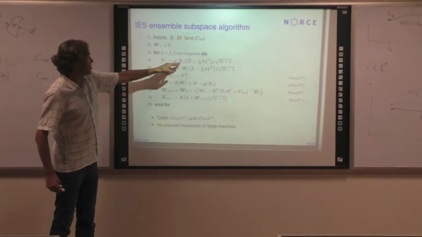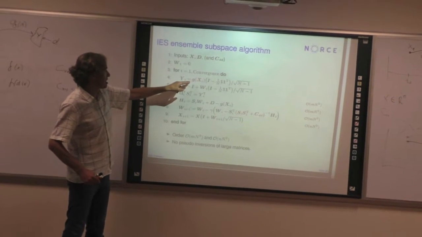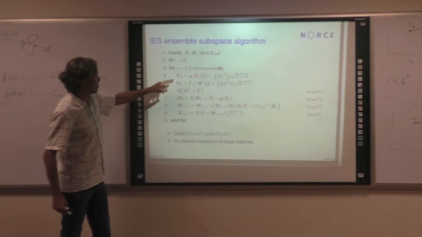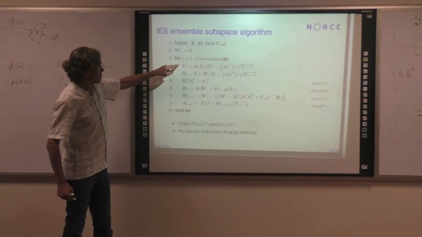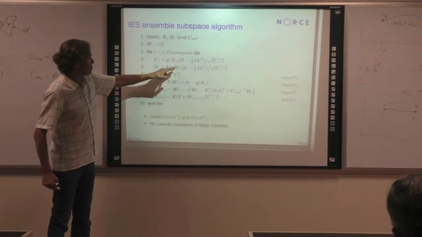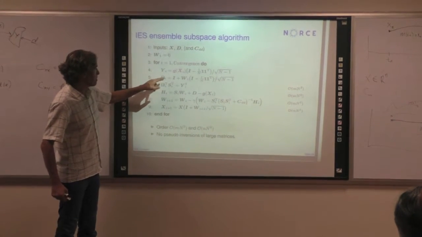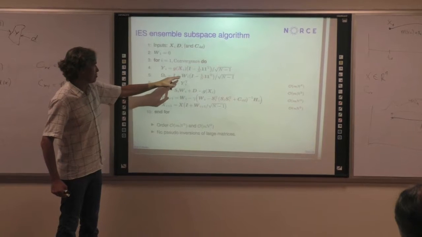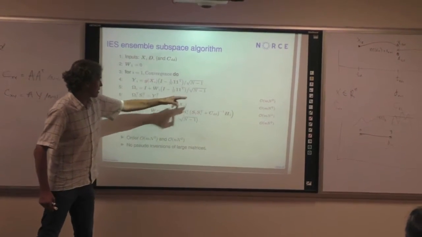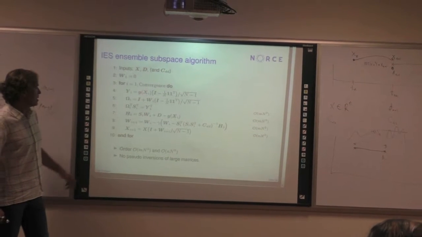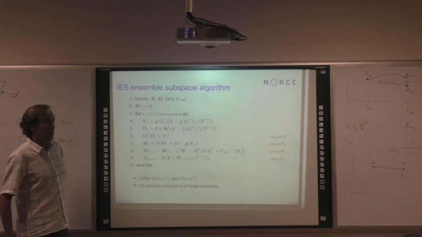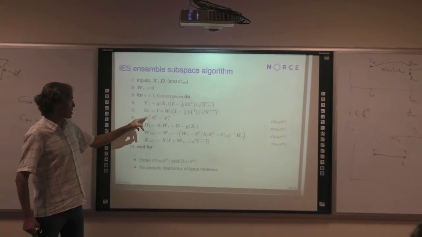In each iteration, we have to integrate the ensemble forward in time, subtract the mean, and scale it by n-1 to get these Y's. Then we use the current value of W to compute omega, and it's quite easy. You have this one, subtract the mean and scale, and the identity, and then we solve these systems of equations.